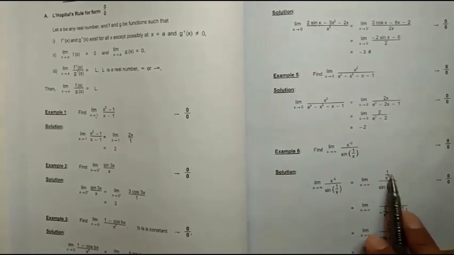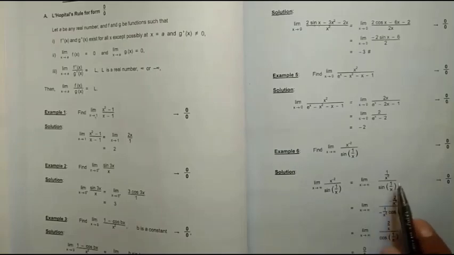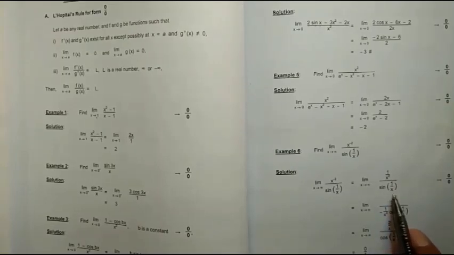And then differentiate. We get negative 2 over x cube. This one, differentiate sin 1 over x. Okay, so substitute, 0 over 1, we get 0.